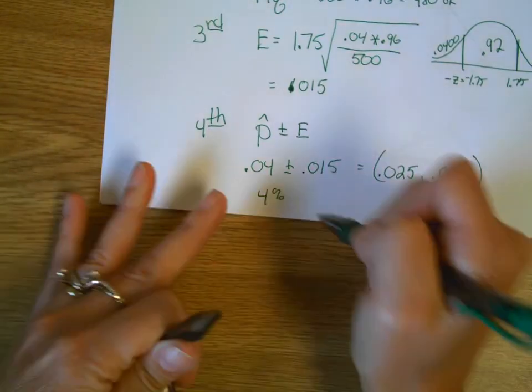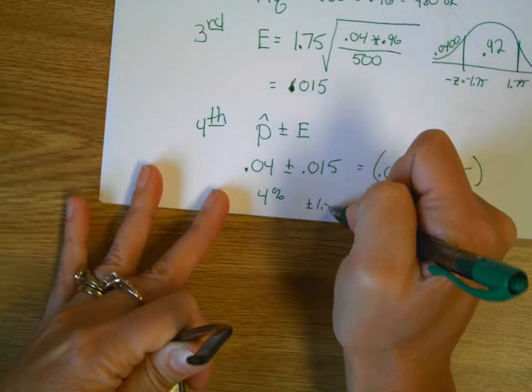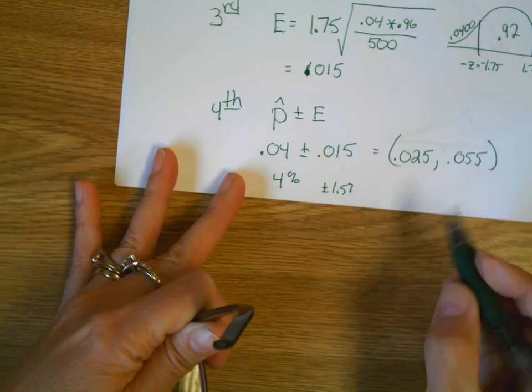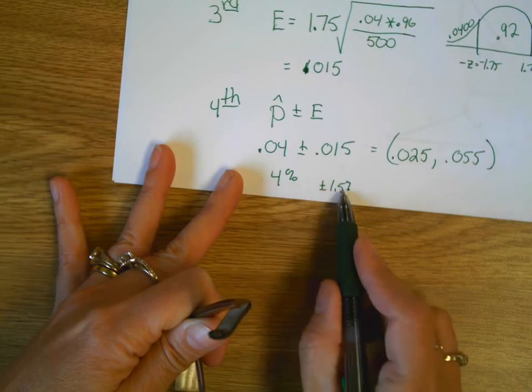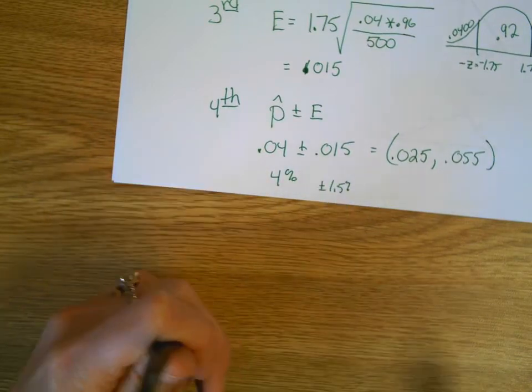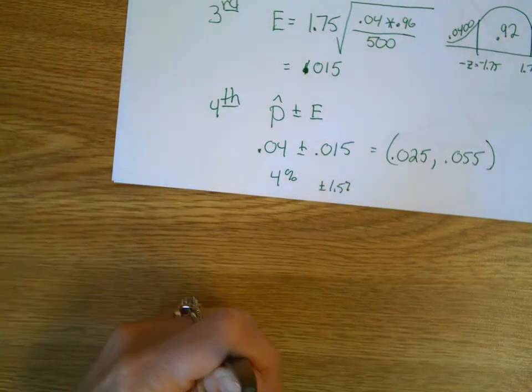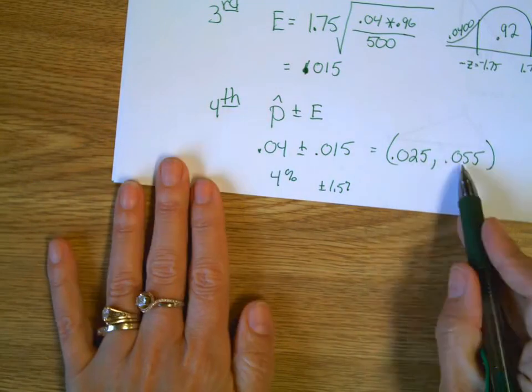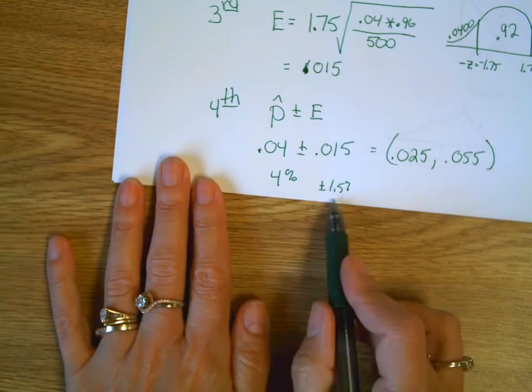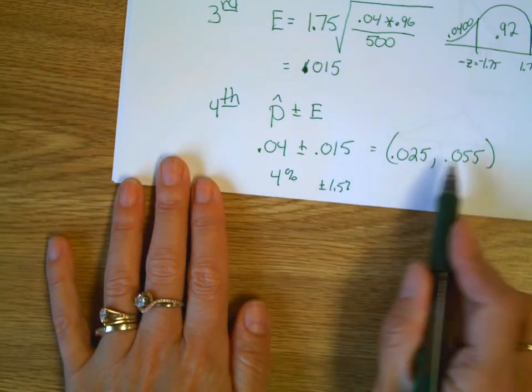Look at the bottom of their survey, they'll say plus or minus 1.5%. They don't do it like this, they do it like this: 4% plus or minus this. You'll see it right now on those approval ratings. Maybe I can find one and I'll show you. Our book does it this way, real life does it that way, because people understand this more than they understand this.